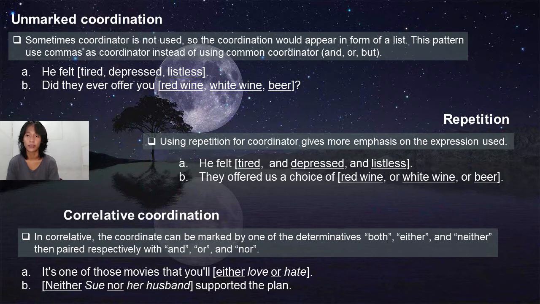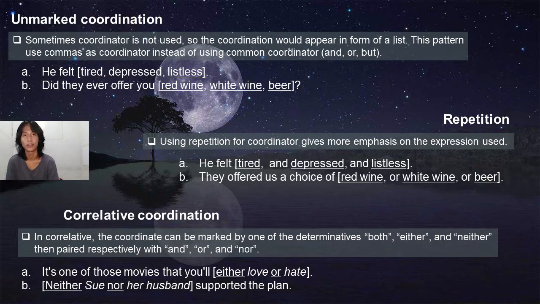Why we use and is to give an emphasis. He felt tired and depressed and listless. Next example, they offered us a choice of red wine or white wine or beer. You can see the emphasis I used by saying the coordinator or the expression.